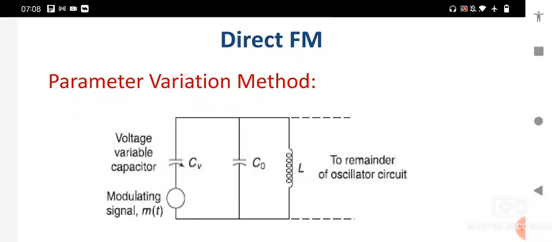The figure shows FM generation which uses a Hartley oscillator. Here we use center tapped capacitance, CV and C0, and inductors, by which we can determine the frequency of the oscillator.